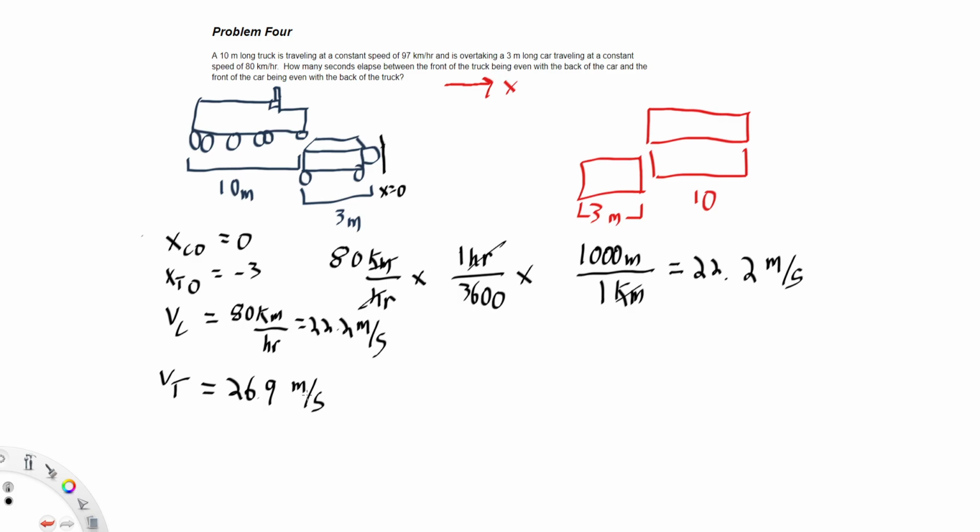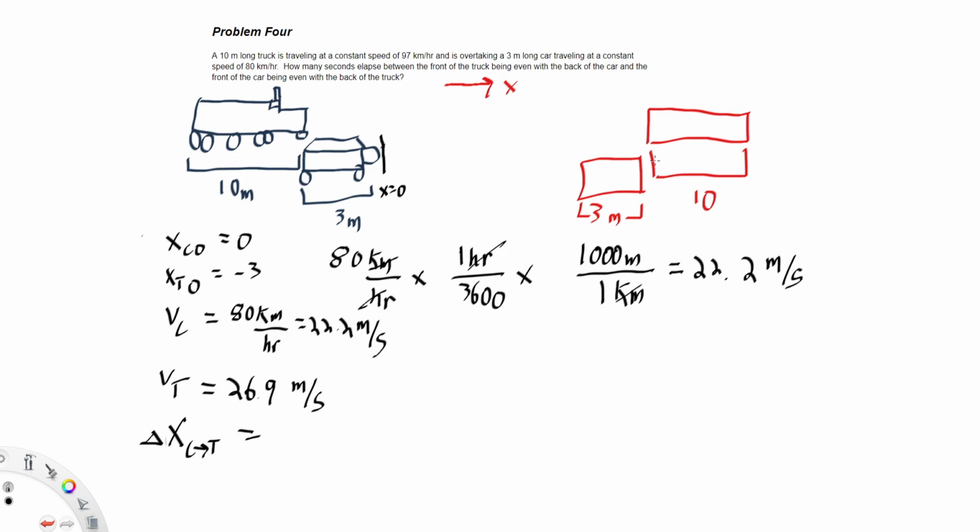Okay. We know one more piece of information in this problem, and that is the difference in position between the car and the truck. So maybe we'll write that difference from car to truck is 10 meters, right?